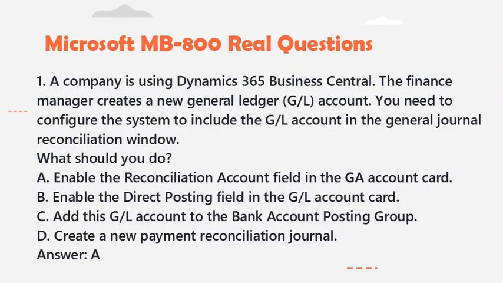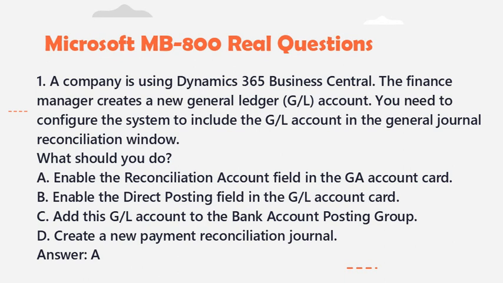1. A company is using Dynamics 365 Business Central. The finance manager creates a new general ledger (GL) account. You need to configure the system to include the GL account in the General Journal reconciliation window. What should you do?